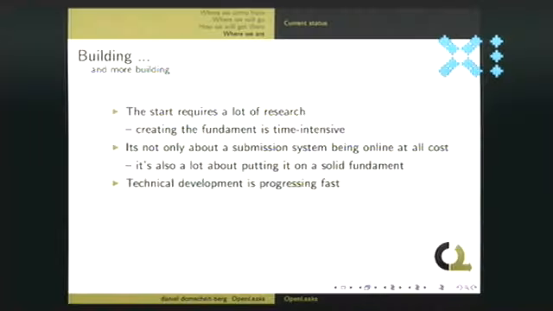The technical development of all of that is progressing fast. As I said, the whole submission part, for example, is almost finished. The spool browser, so this working environment that we are going to offer to the media and the NGO partners we are working with, is at a good stage as well.